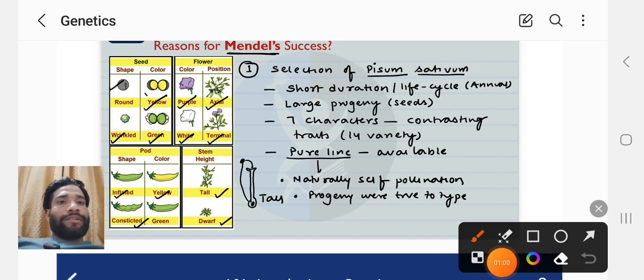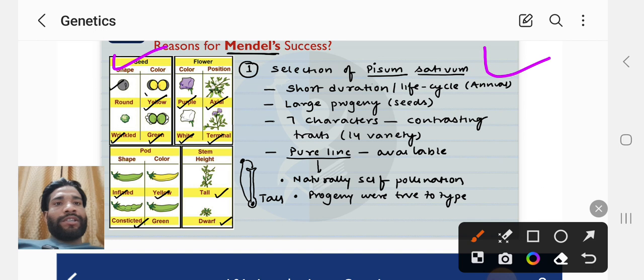Here you can see the reasons for Mendel's success. There are seven characters which were taken by Mendel, and the selection of Pisum sativum was the first factor which enhanced Mendel's luck. The seven characters are seed shape, seed color, flower color, flower position, pod shape, pod color, and stem height, which is tall and dwarf.